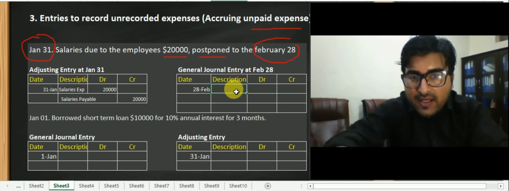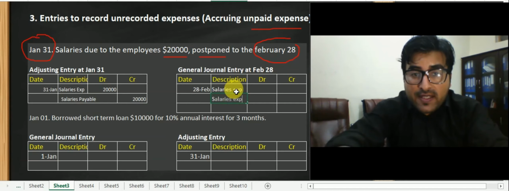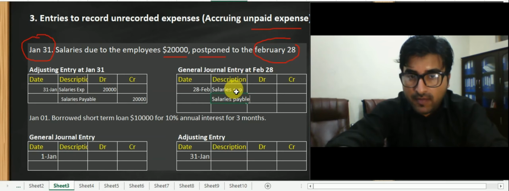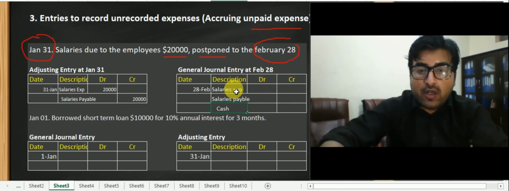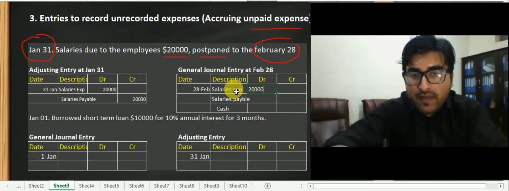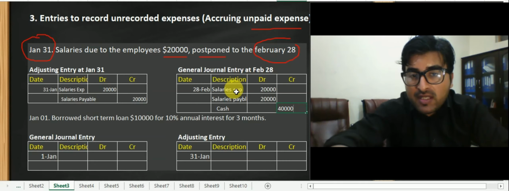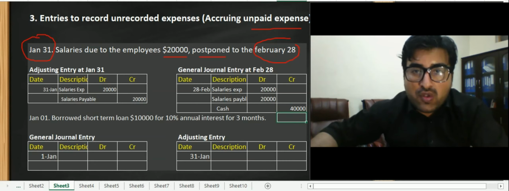So you should write salaries expense of February debit, and also the salaries payable liability should be debited, and cash should be credited. Look here, so the salaries expense should be debited for February 20,000, and also the liability of January should be reduced, and the cash should decrease by how much? 40,000. Dear students, look here.